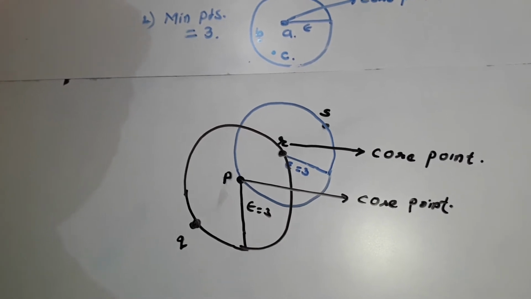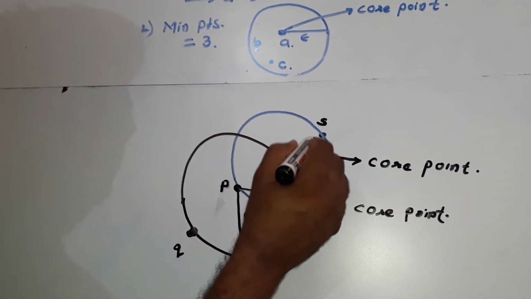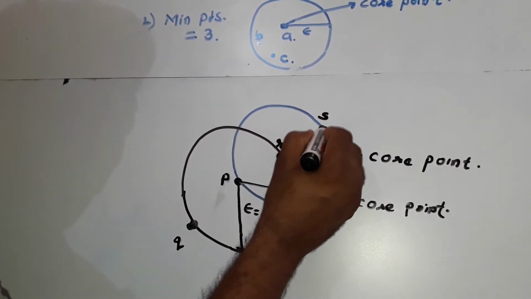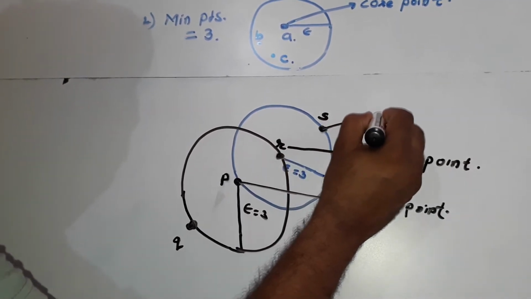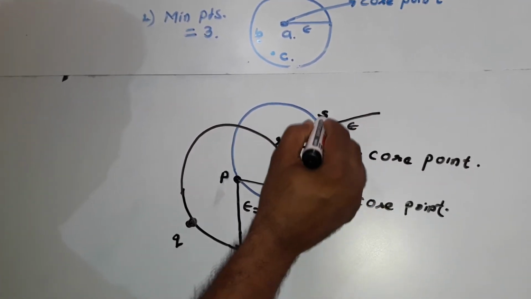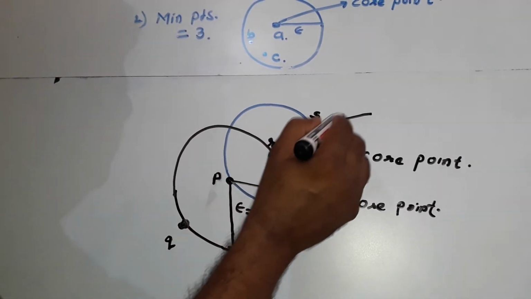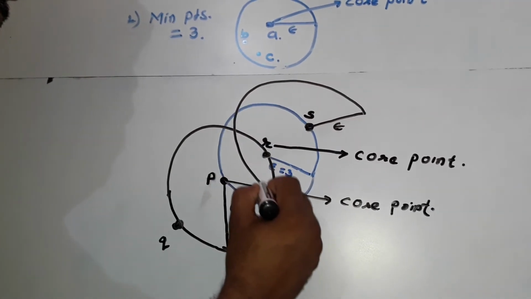Now if I talk of S, what we will do is, by using the epsilon value and taking S as the center, we will draw a circle like this.